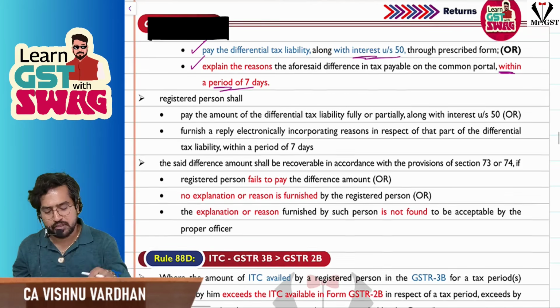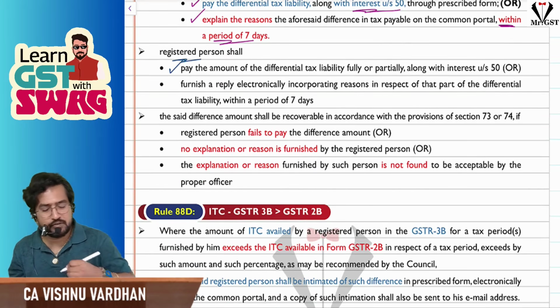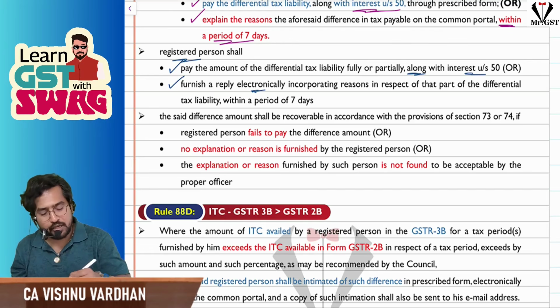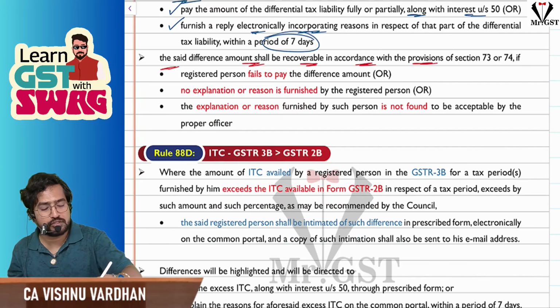Within how many days? 7 days. Now, what should a registered person do? Either pay the differential amount with interest, or furnish a reply electronically incorporating the reasons, within 7 days. Now, the said difference amount shall be recovered in accordance with the provisions of section 73, 74, or 74A.